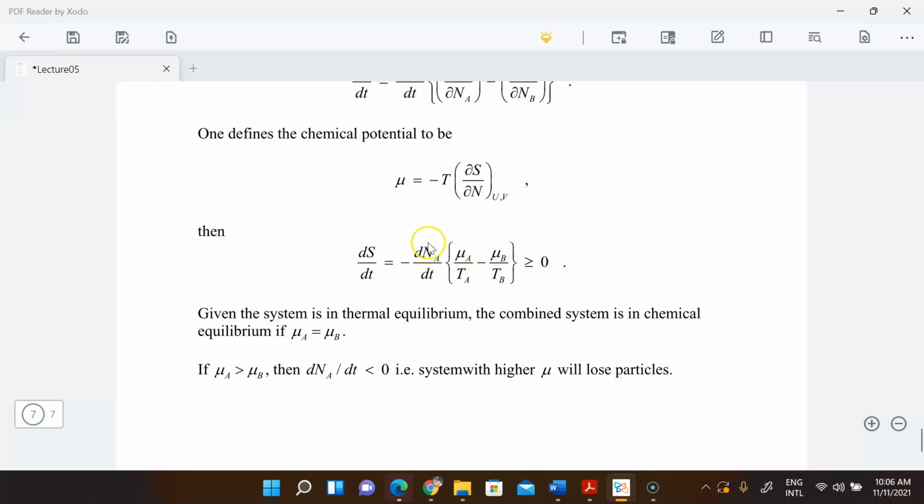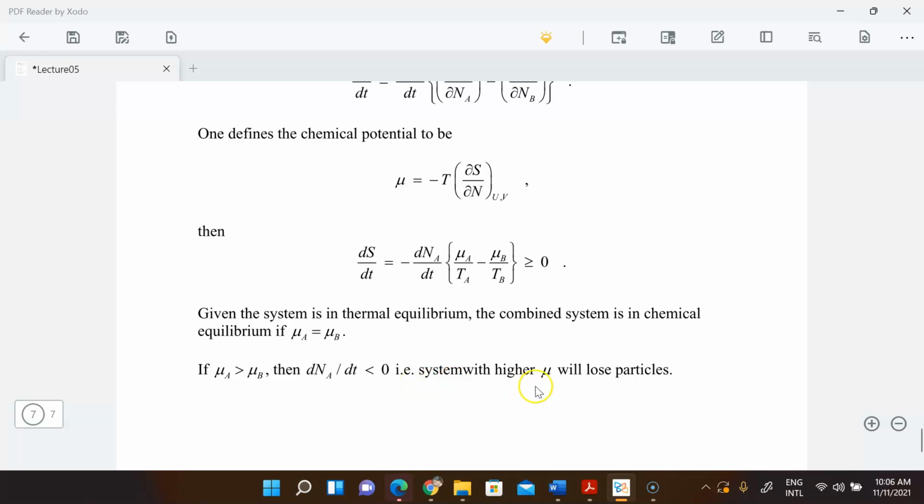So the only way to make the whole thing positive is to make this thing negative. So when you take this to be negative, that means it loses the number of particles there.